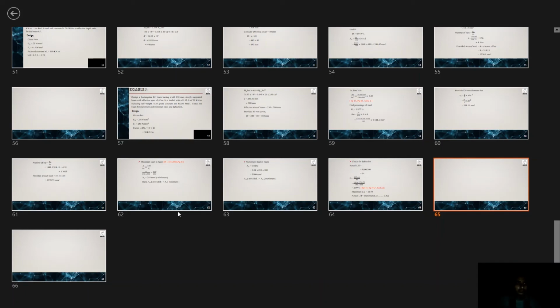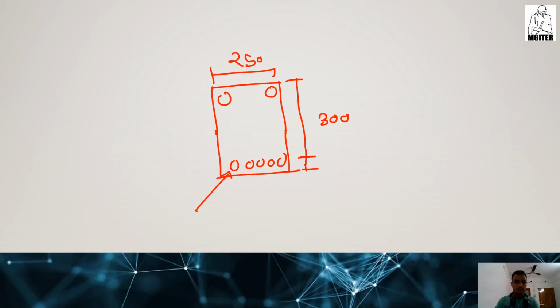And main reinforcement is 5 numbers of bars at 20 mm diameter, and these are the anchor bars, 2 numbers of bars at 10 mm diameter.